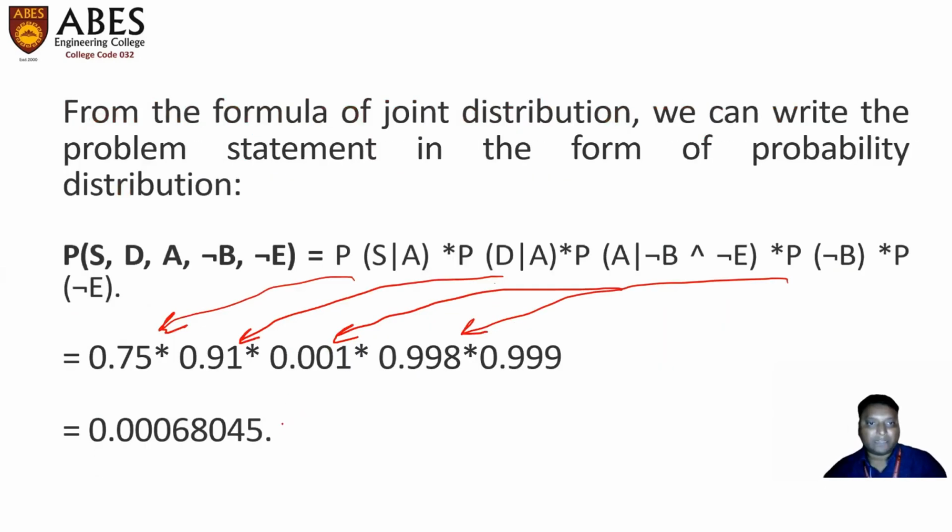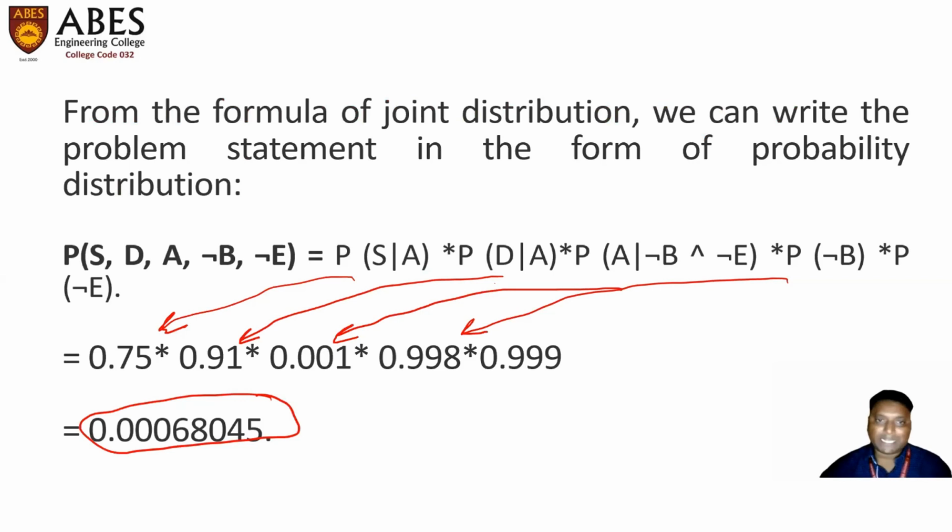After multiplying all these values, we will get a final value which can be considered as our answer. And in our case, we are getting the probability of Sarah calls, Dennis calls, alarm rings, burglary doesn't happen, earthquake doesn't happen, equal to 0.000068045.